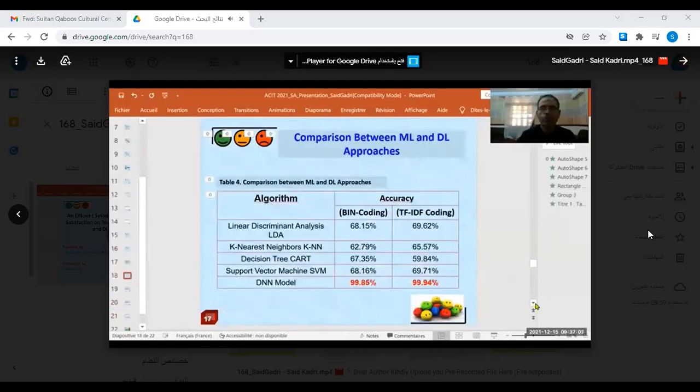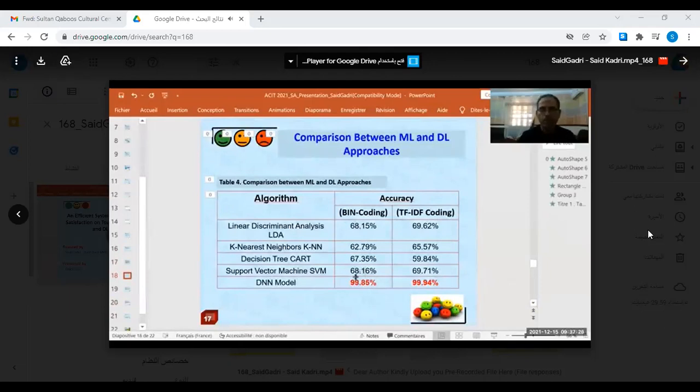We can also establish a comparison between machine learning and deep learning approaches in terms of accuracy for the binary coding model and the TF-IDF coding model. We can see here that the obtained accuracy for our DNN model is the best.